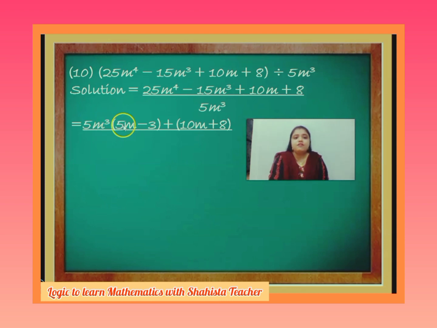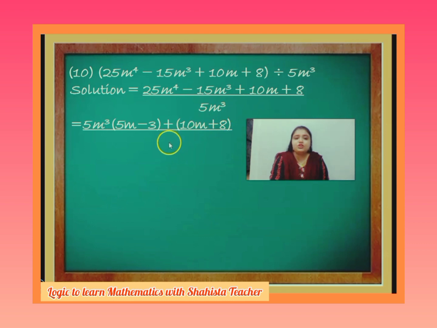Here 5 fives are 25, and m cube multiplied by m gives us m to the 4, minus 5 threes are 15. M cube is already outside the bracket, so there is no need to put m cube inside the bracket, otherwise it will become wrong. So plus 10m plus 8 will remain as it is.